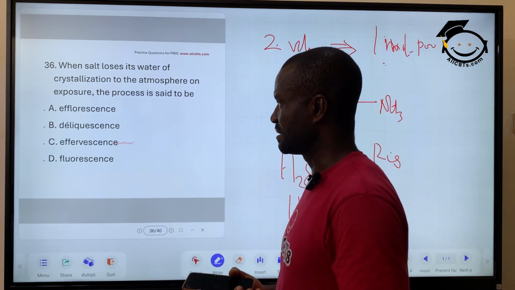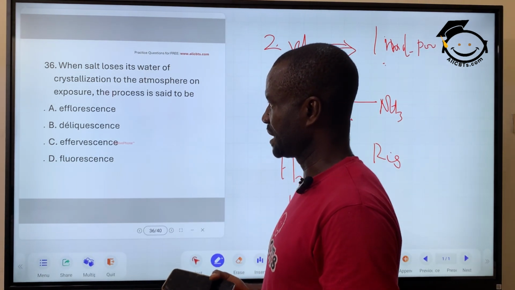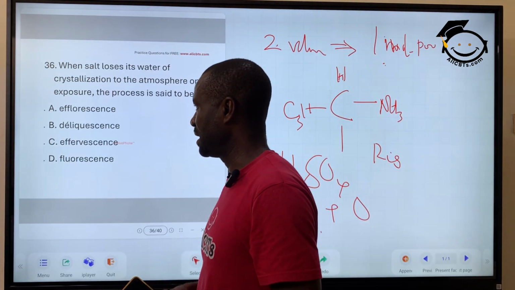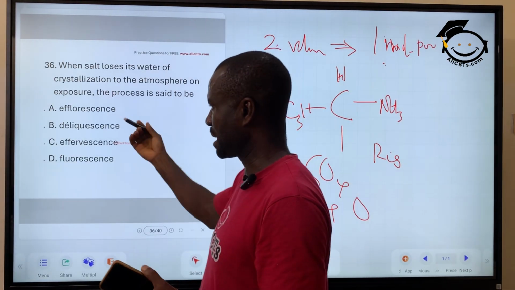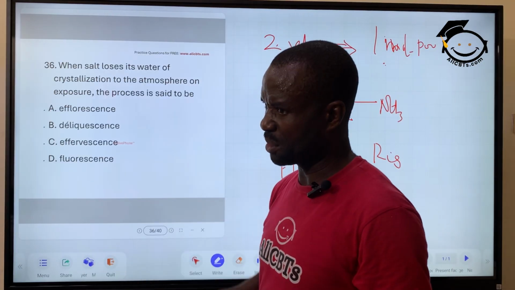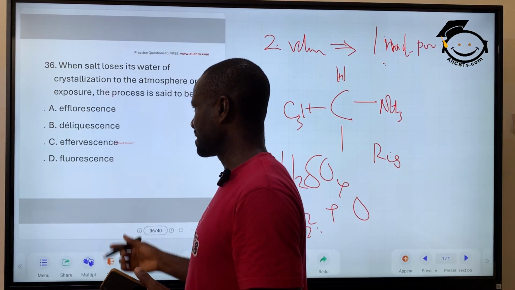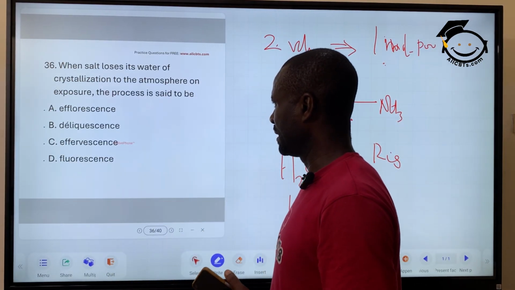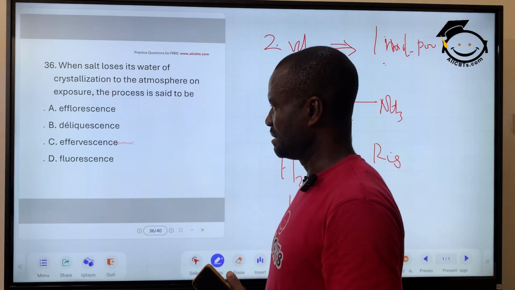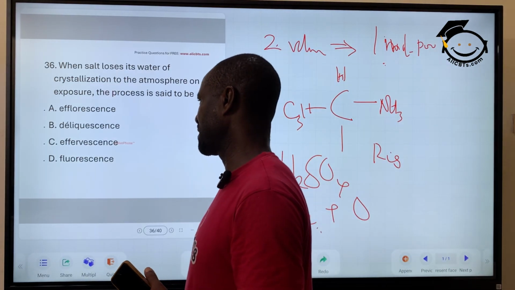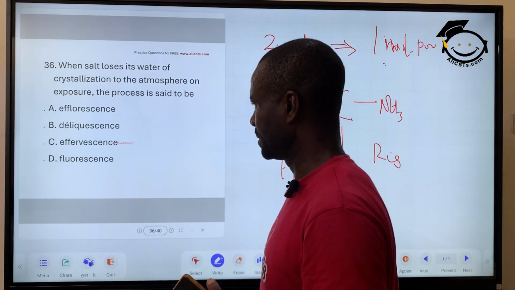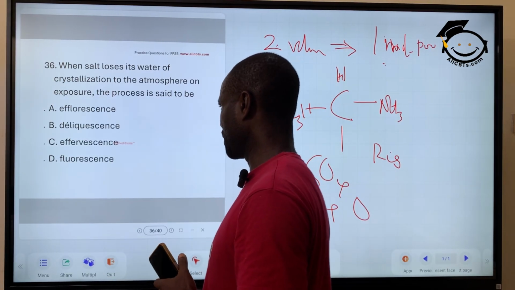D, fluorescence. The correct answer is efflorescence, which is water being eliminated into the atmosphere. Deliquescence means water being absorbed, so the salt becomes dissolved. Effervescence is simply the liberation of gases during a reaction. Fluorescence simply means emission of light as a result of movement of molecules.